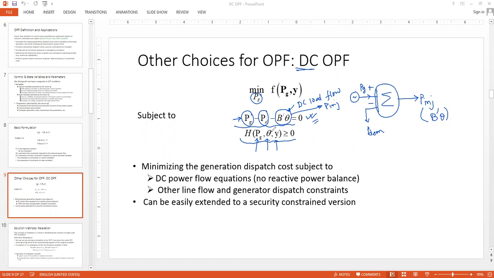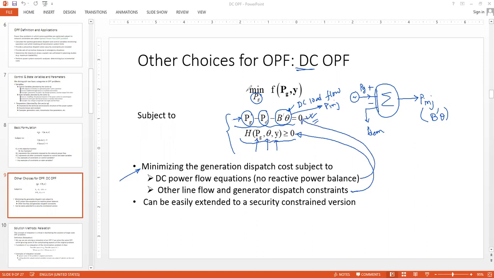Okay, so all these are the constraints, equality and inequality respectively. If we try to state the problem, we will state it like this: we want to minimize the generation dispatch cost subject to the DC power flow equations. And if there are any other line flow and generation dispatch constraints, we also have to take them into consideration. So this is basically the inequality constraint. This is basically the equality constraint.